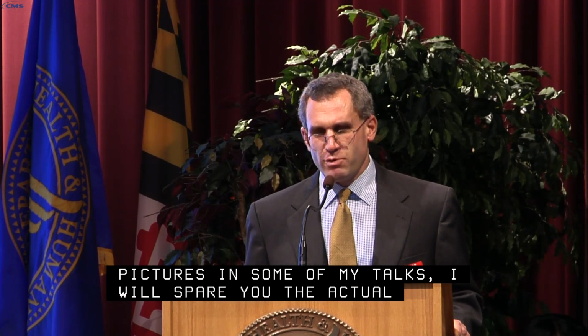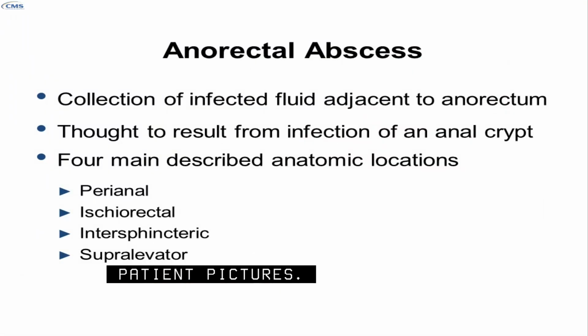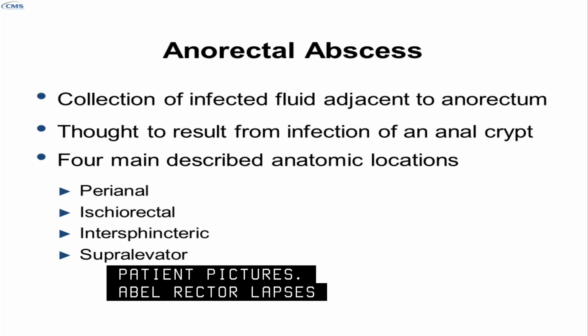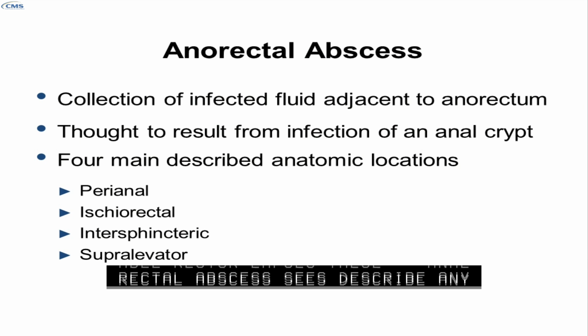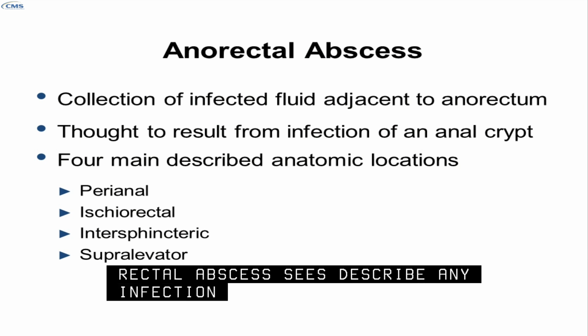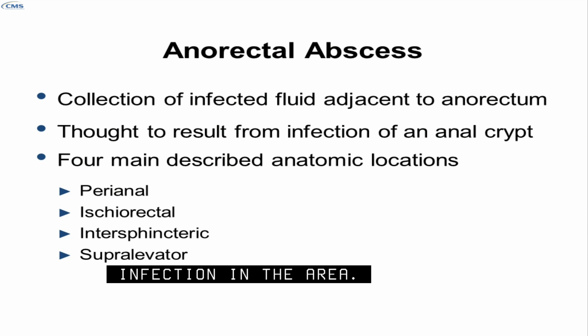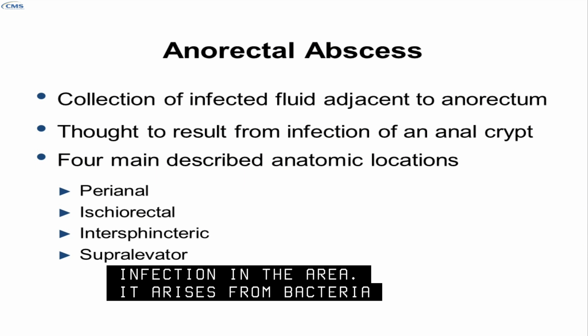Anorectal abscess is a term used to describe any abscess in the perineal region that's presumed to arise from the anorectum. These infections are generally thought, according to what's called the cryptoglandular theory, to arise from bacteria seeding into the perianal and perirectal tissue from one of the anal crypts.